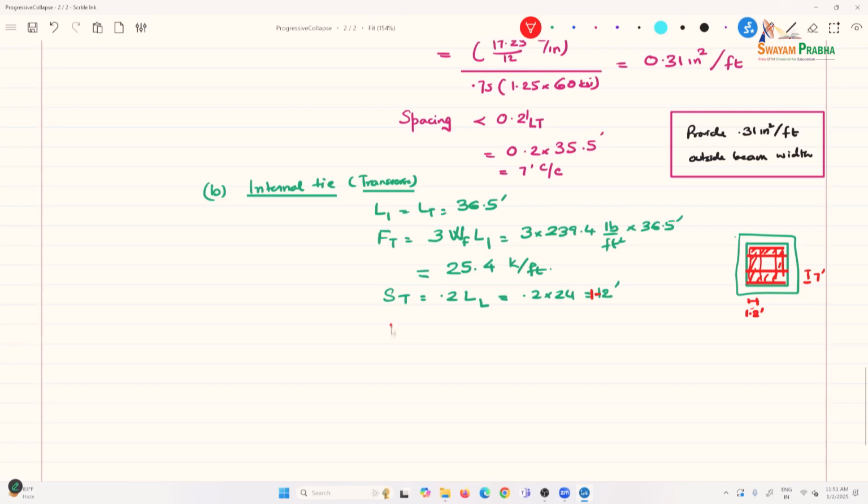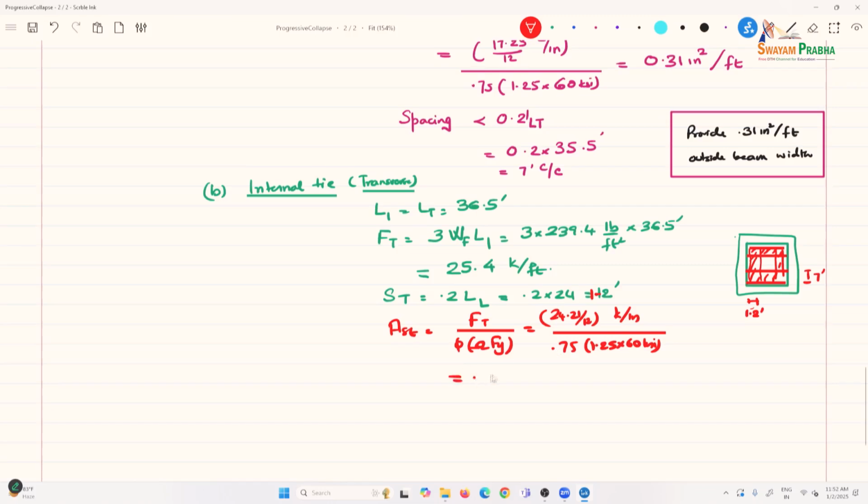And the area of steel is Ft divided by phi times omega Fy, or 24.21, a lot of repetitive calculations here, 0.75 times 1.25 times 60.